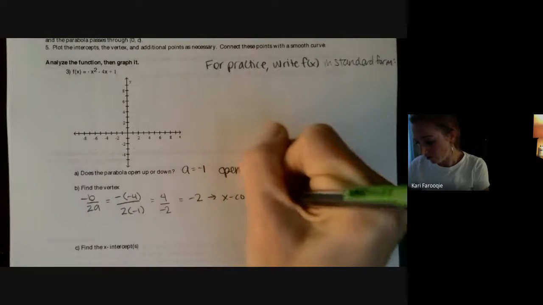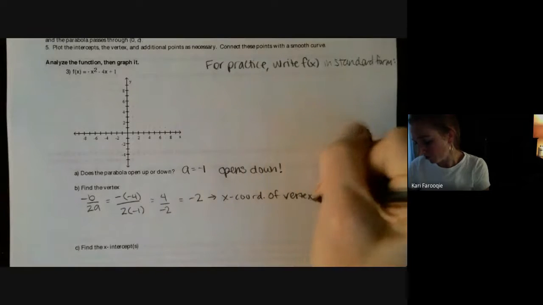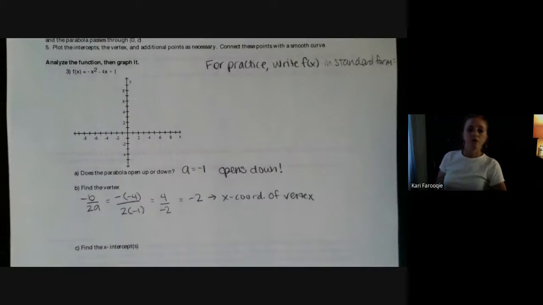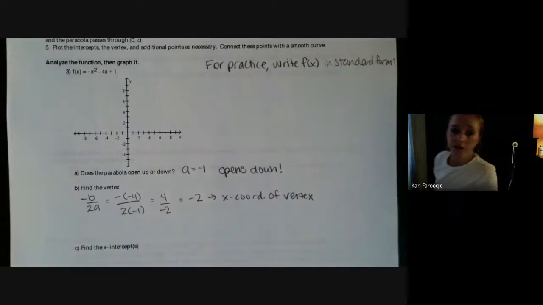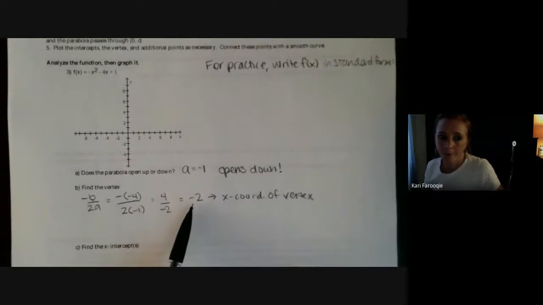Now this is the x-coordinate of the vertex. To find the y-coordinate of the vertex, we're going to find f of -2. So whatever this value is, to find the y-coordinate, you're going to evaluate the function at this value.